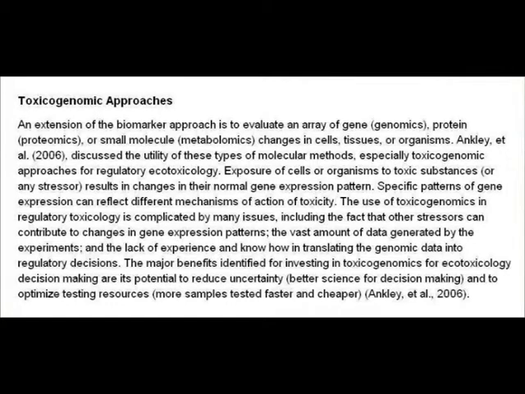The major benefits identified for investing in toxicogenomics for ecotoxicology decision making are its potential to reduce uncertainty, better science for decision making, and to optimize testing resources: more samples tested faster and cheaper.